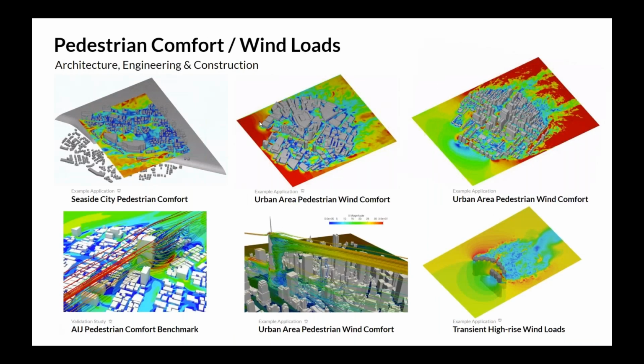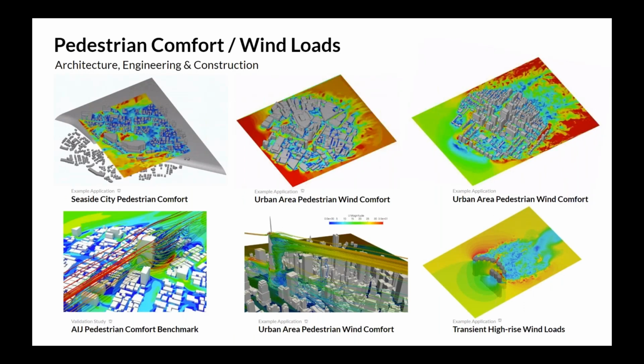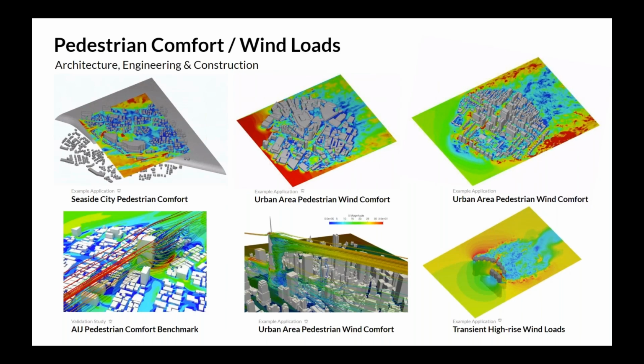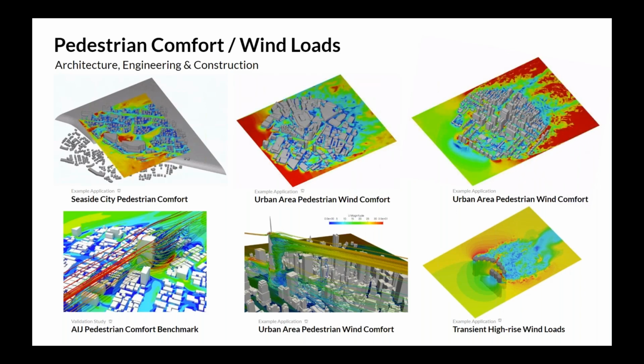Now going on to the outdoor applications, here we see on the top row transient analyses that were done from a single neighborhood scale on the top left to basically full city scale on the top right.